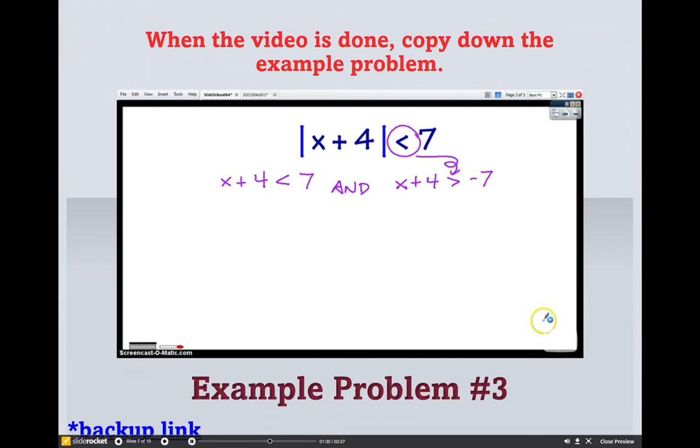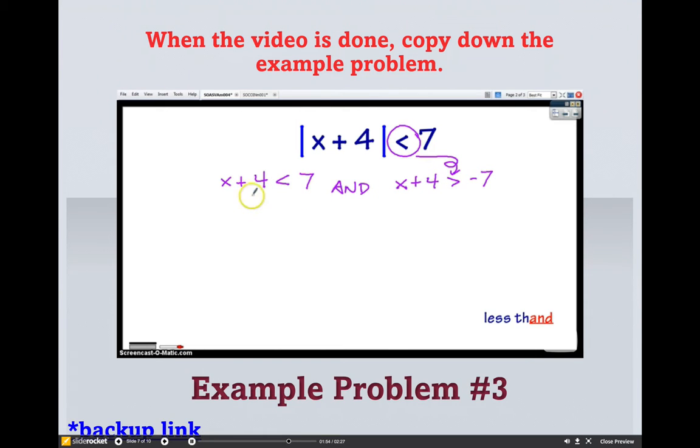And just like in the last video, there's a silly way to remember it. One of my former students came up with. Think of this as less than. So just in the other video, it was more than or greater than. We knew it was going to be an or statement. When it's less than or equal to, we think of it as less than. Silly, I know, but hey, you'll remember it.